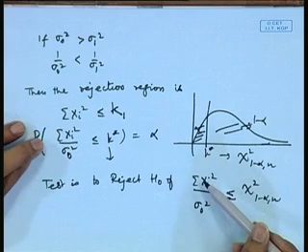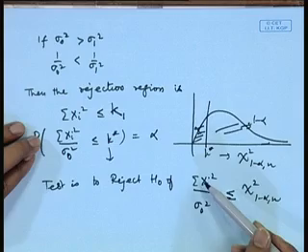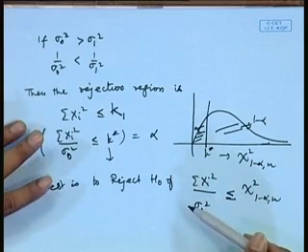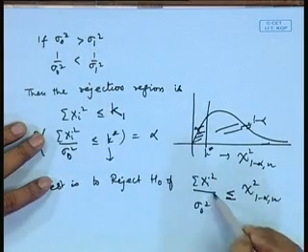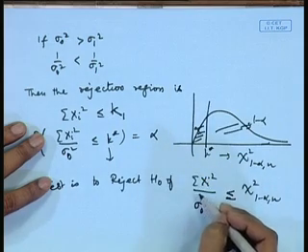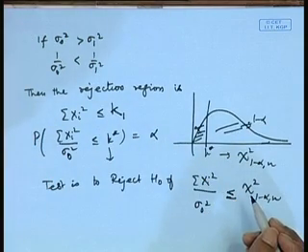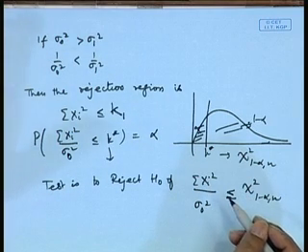Why? Because now the null hypothesis supports a larger value of sigma square, that is sigma naught square I have taken to be bigger than sigma 1 square. So, a smaller value of sigma xi square will be in favor of the alternative hypothesis, which is against the previous case where a higher value was supporting the alternative hypothesis.